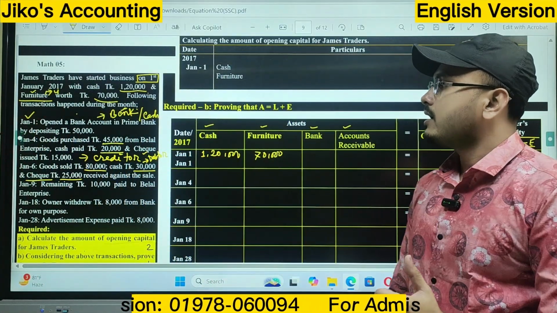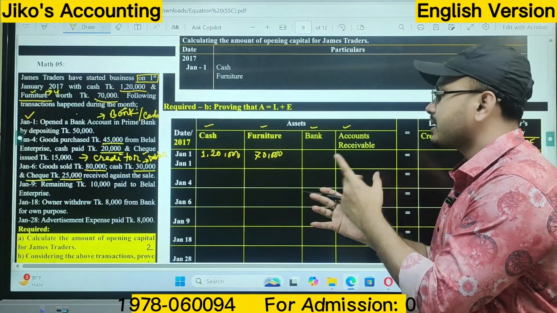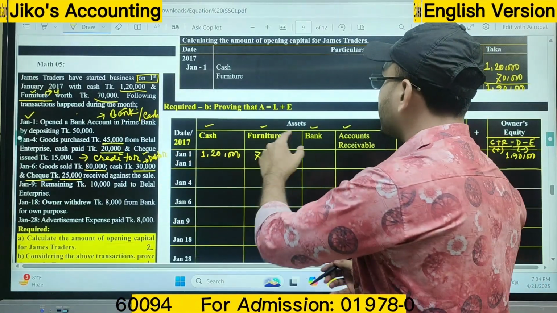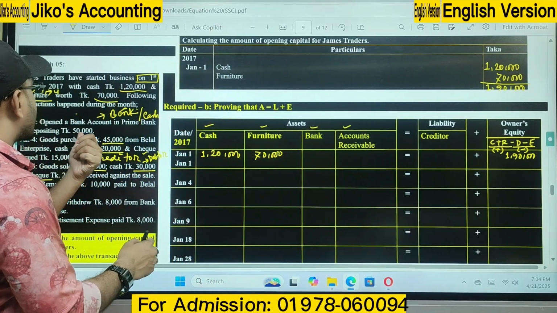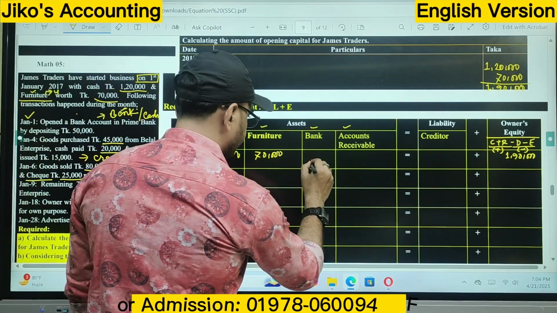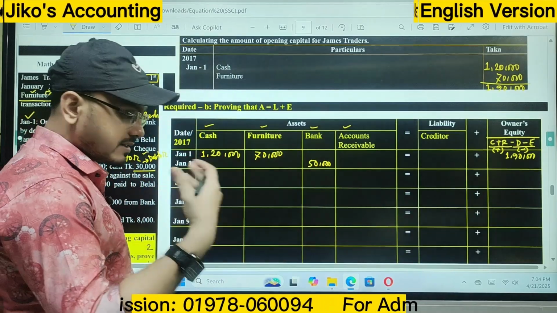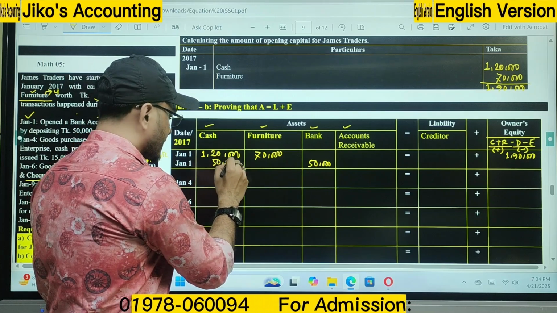First of all, if we open a bank account, what would be my bank situation? That indicates the increased amount of the bank balance, right? So that's why we have to add this on the side. What is the amount here? 50,000. Fine. Because of opening this account, how about my cash situation?